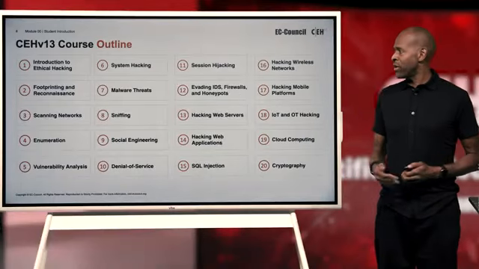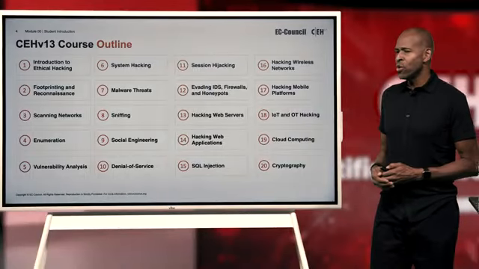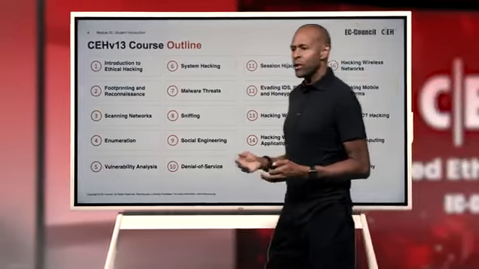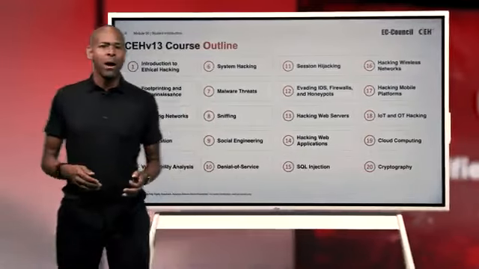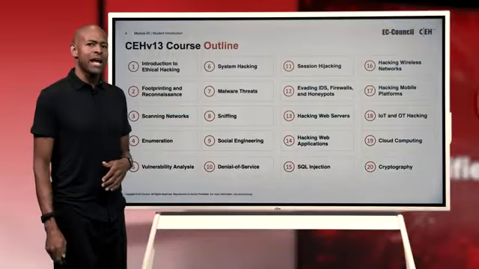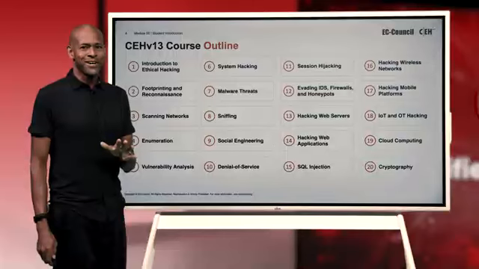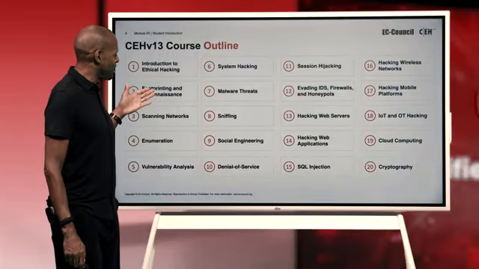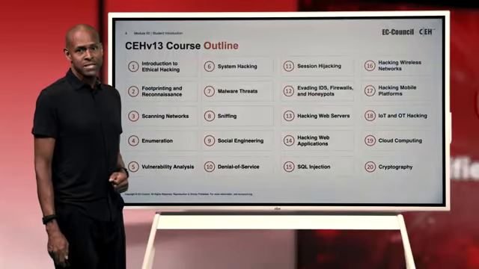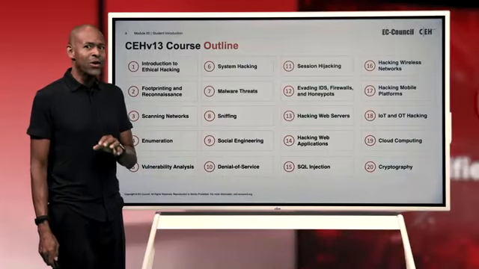So what we have here is 20 different modules. Let me show you where we're going to start. We're going to start at Module 1, where we're going to be looking at an introduction to ethical hacking. And then the real fun starts when we get into Module 2 through 6, where we're going to learn how the beginnings of hacking works.